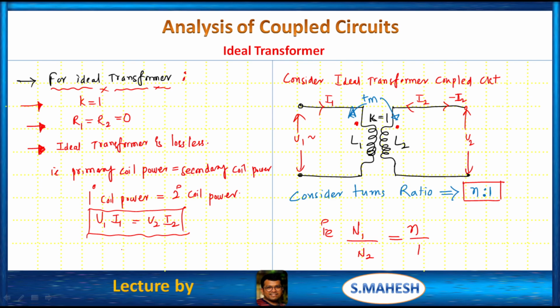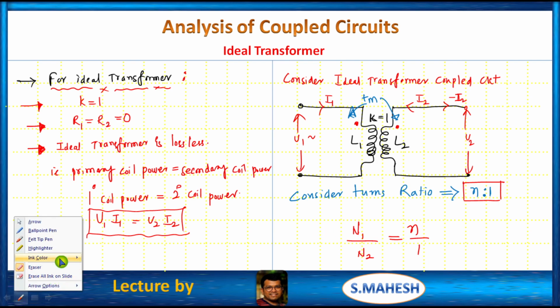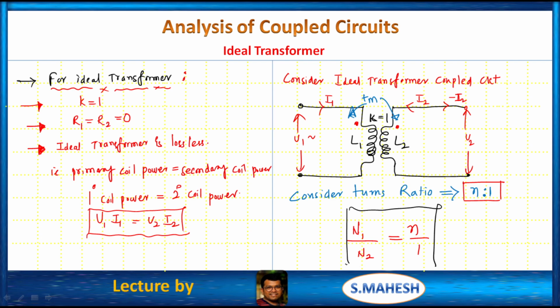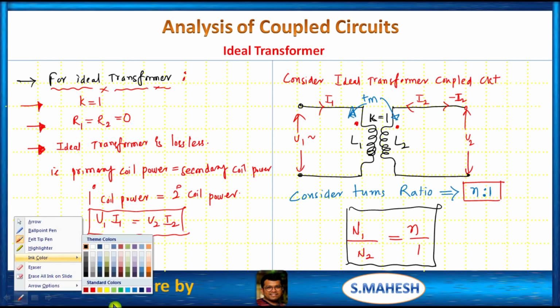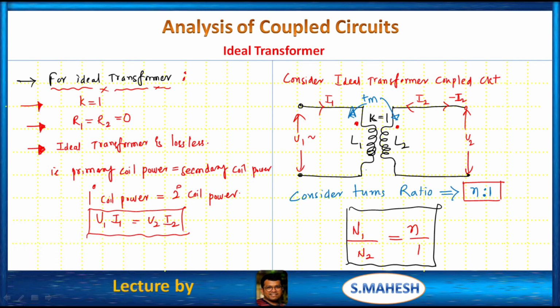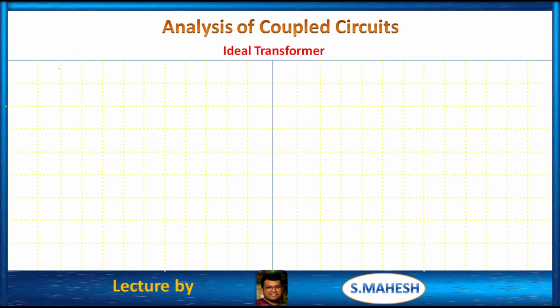On the primary side we have N number of turns, but on the secondary side we have only one turn. That is the meaning. Let us assume this is one turn. So the turns ratio in this case is N is to 1, so primary turns to secondary turns is nothing but N by 1. So now we can start the analysis.